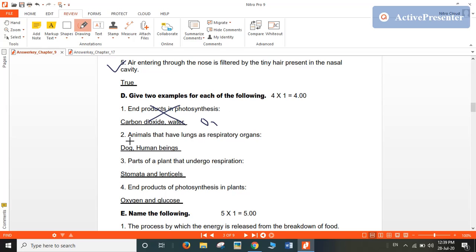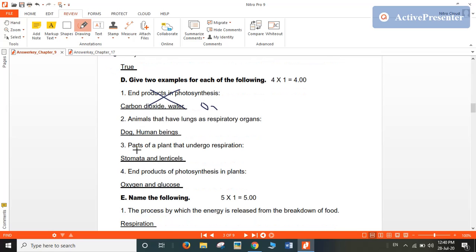Next question: animals that have lungs as respiratory organs. Which animals are those that have lungs as respiratory organs? Those animals are dog and humans. Next: parts of a plant that undergo respiration.